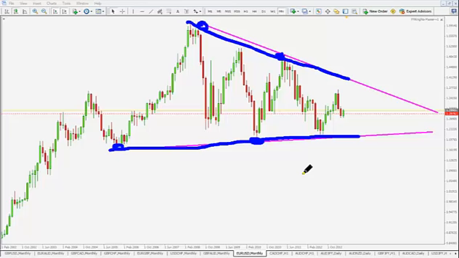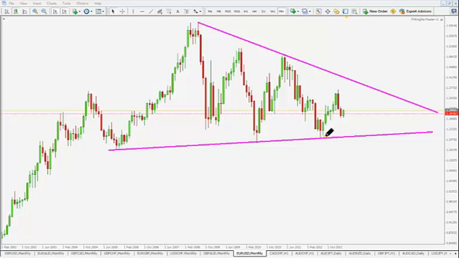This is a standard triangle. Momentum right now is to the upside, as price should be pushing to retest the upper boundary of this triangle. In fact, we have seen some sort of a pullback to this particular level. From now on, we expect price to be pushing to the upside.